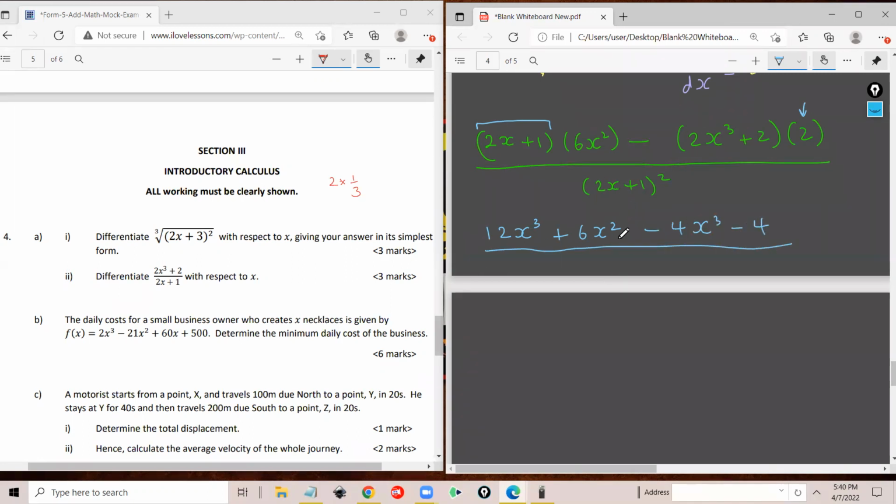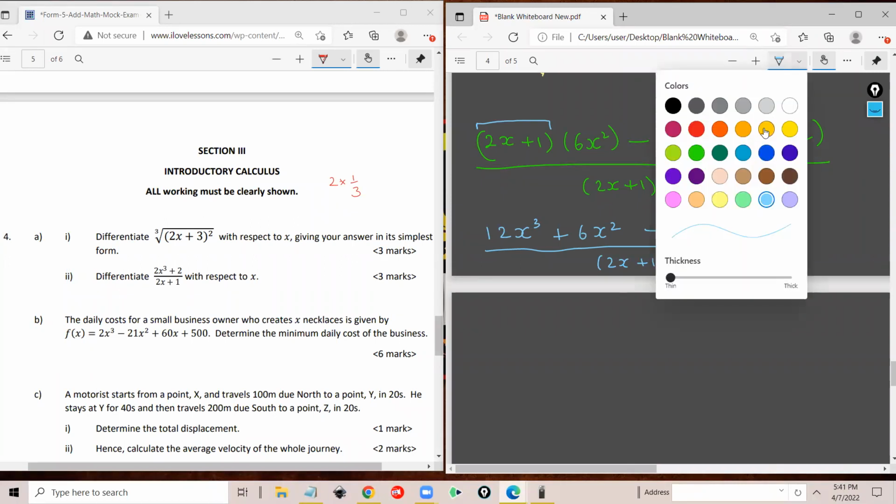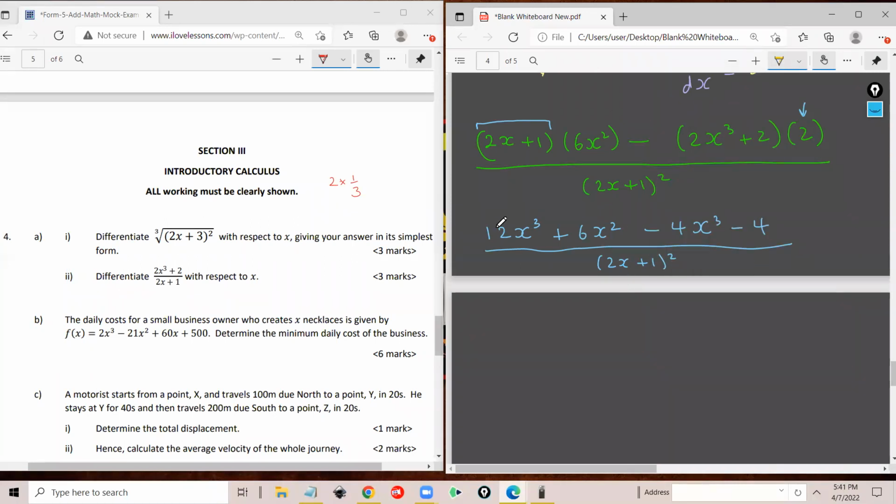I'm not going to expand the brackets underneath. That will not make it any simpler. That will just make it look worse. I think I almost finished here. 12x cubed minus 4x cubed is 8x cubed plus 6x squared minus 4. Right, so that's what I have so far.